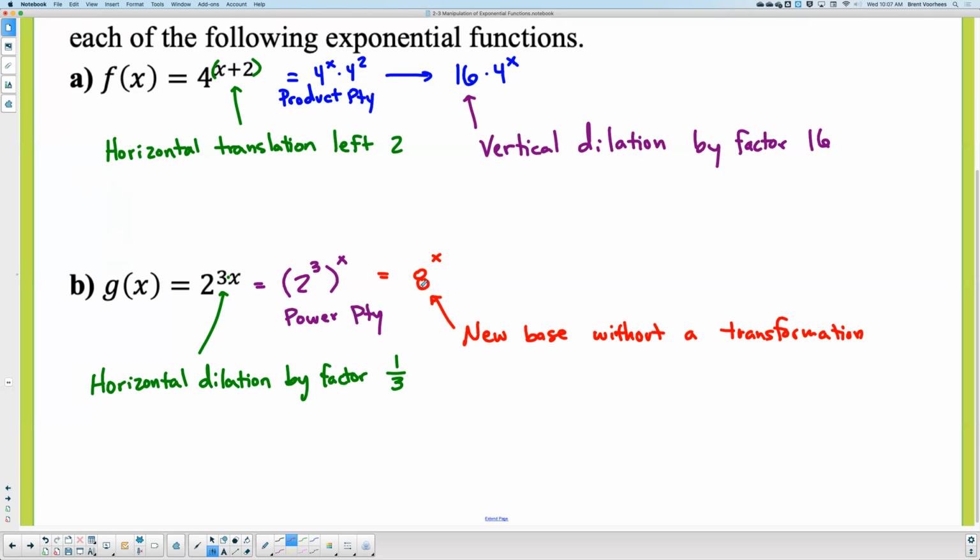Now what's my base? 8. It'd be the same graph though. Same exact graph. Can I move on? Yes. Got it? All right.